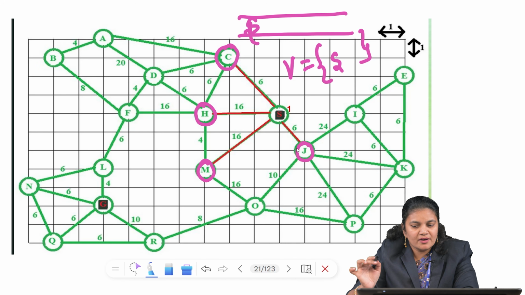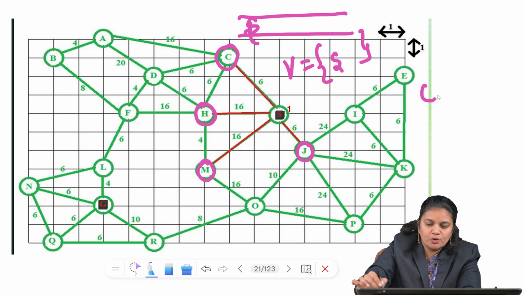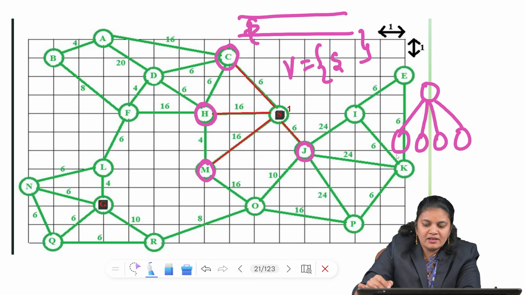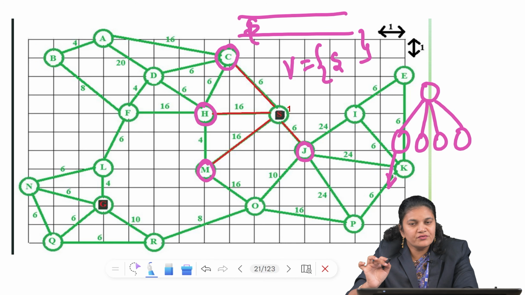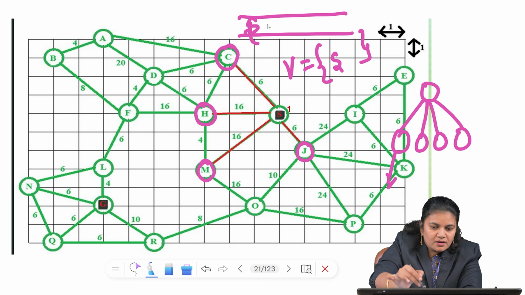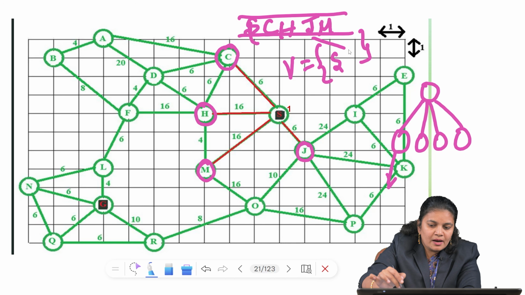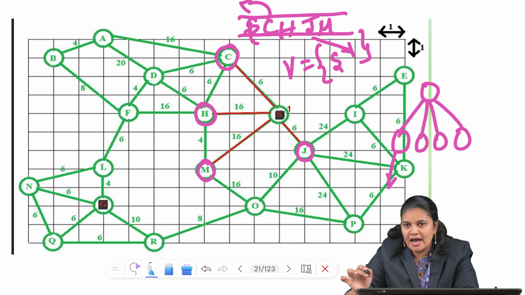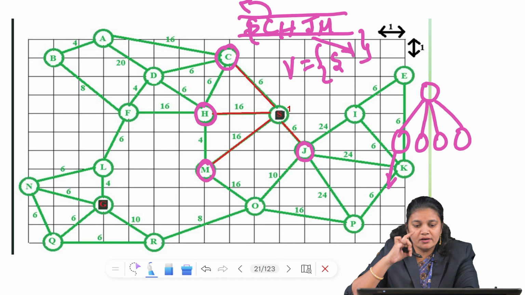So as we are working with BFS, we know that 4 children are there. First, we should meet all these 4 children, and then we can go towards the child of the first node. So we are adding these nodes C, H, J, and M into our queue. They will come into the visited set when we are exploring C, H, J, and M one by one. One thing I wish to note here.